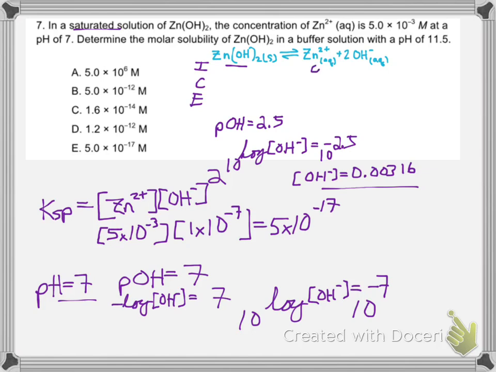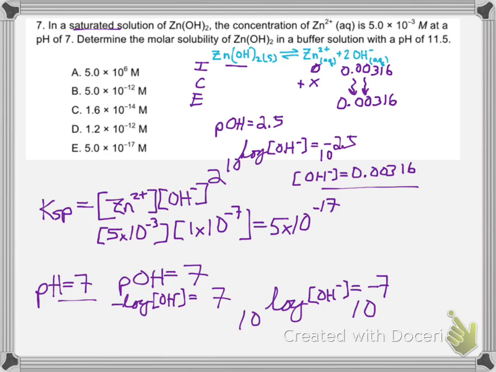We're starting out with 0 zinc and 0.00316 molar hydroxide. Because this is buffered, I'm just going to write some squiggly arrows like that, because this is going to be the equilibrium concentration of hydroxide as well.